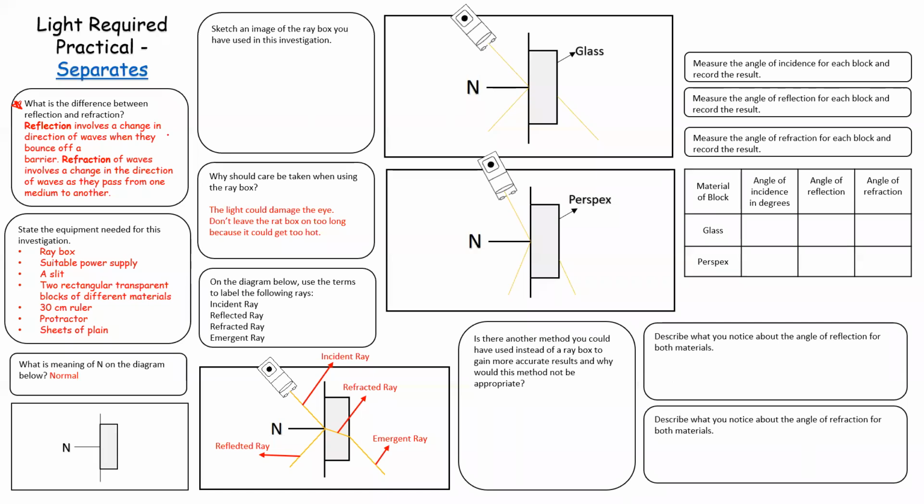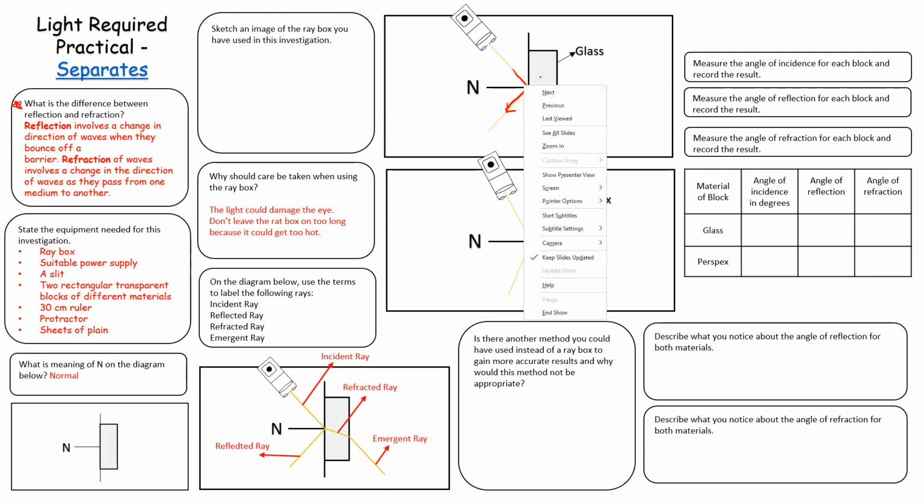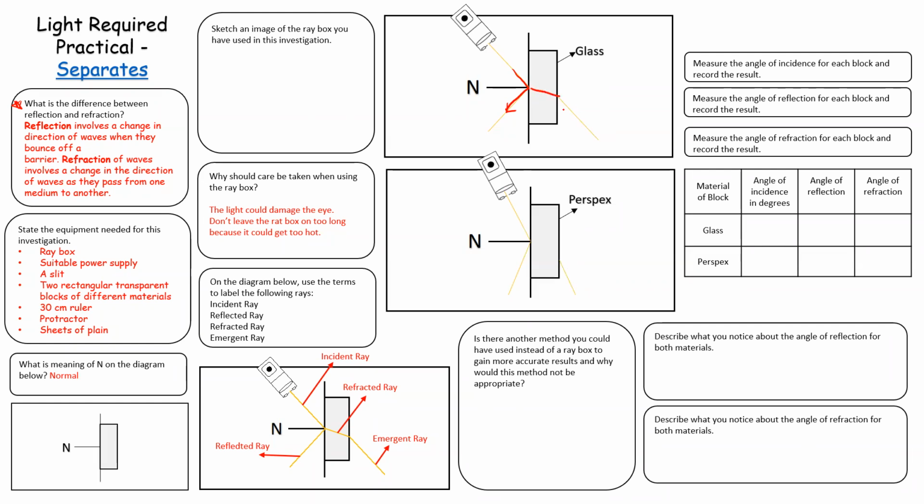Reflection involves a change in direction of the wave when it bounces off a barrier. For example, here, that's a reflection. Always draw an arrow. Refraction involves a change in direction of the wave as it passes from one medium to another. Here it changes direction because your medium is more dense.